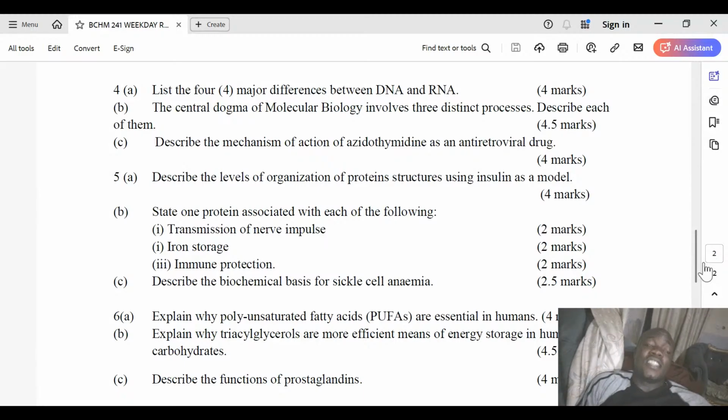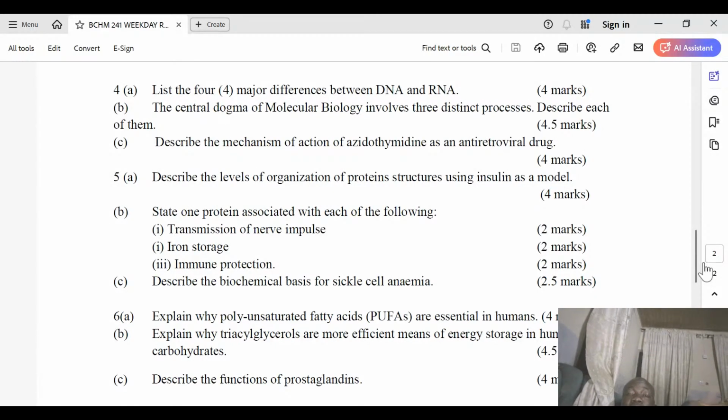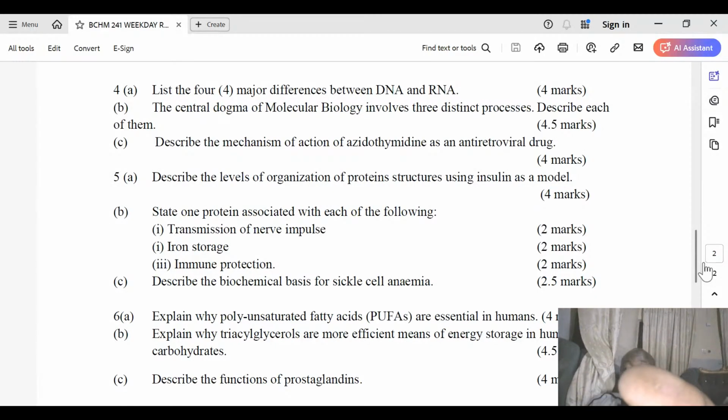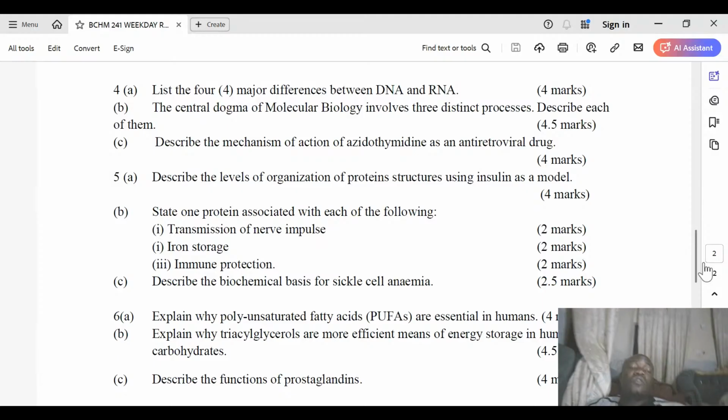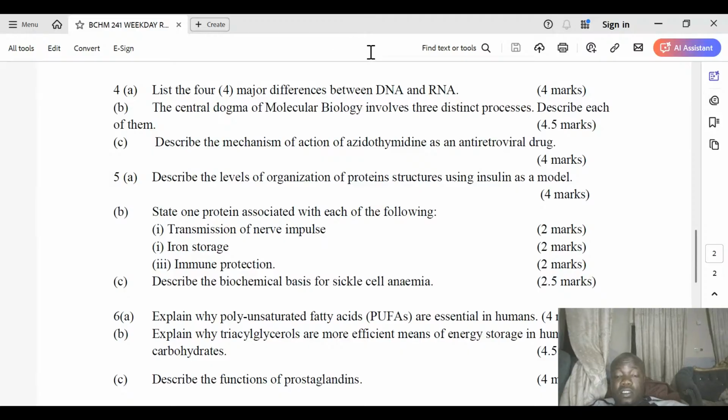Then question 6C. Describe the functions of prostaglandins. So who can tell me what the functions of prostaglandins are? What are the functions of prostaglandins? You are too silent. Are you tired?